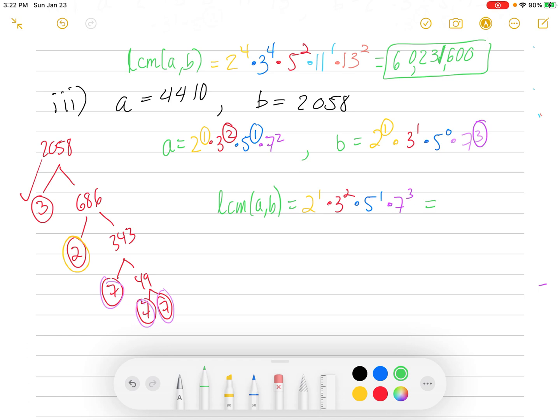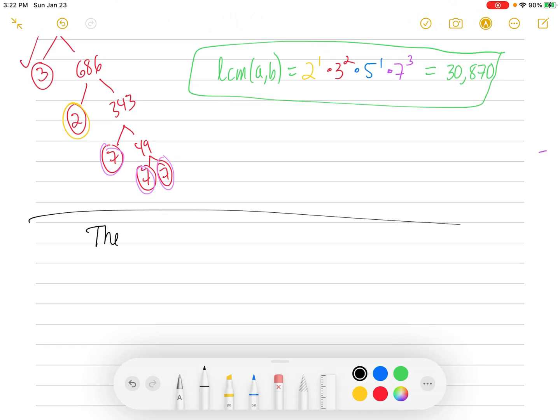I could leave my answer like that, but I'm going to go ahead and choose to multiply it out. 2 times 3 squared times 5 times 7 cubed. Looks like it's 30,870 according to my calculator. So that's calculating some LCMs.